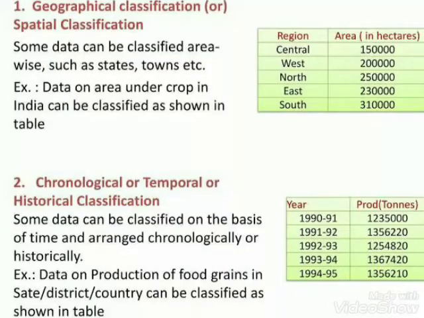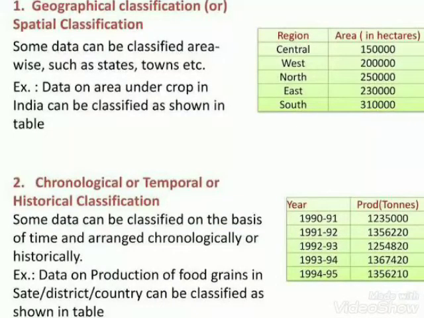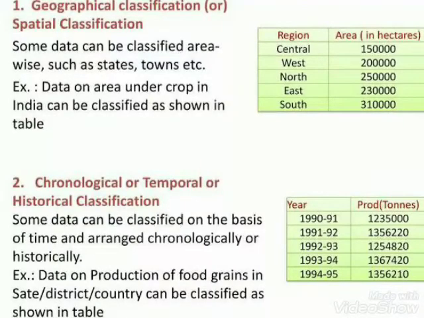Or let's say if we talk about eastern India, we have around 203,000 hectares of area under crop production. So this is how we have divided the data on the basis of the area or location.